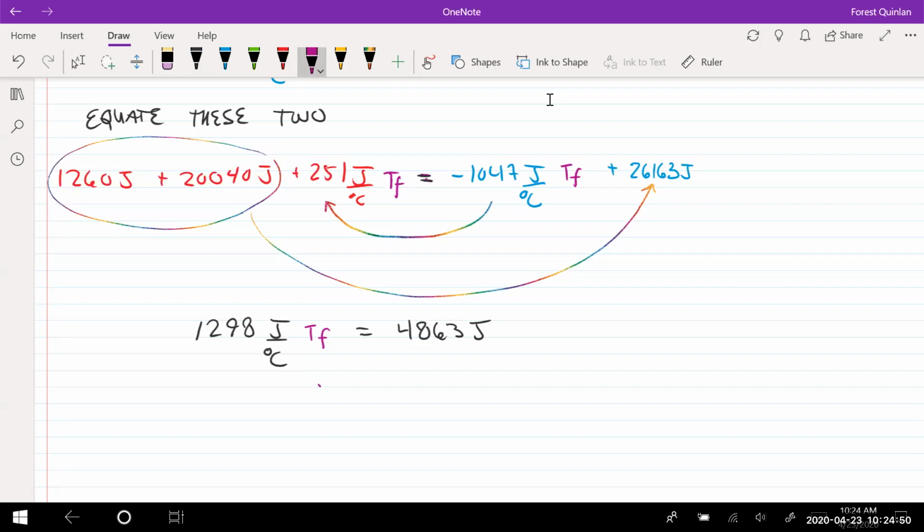So our final temperature is going to be 3.7 degrees Celsius.